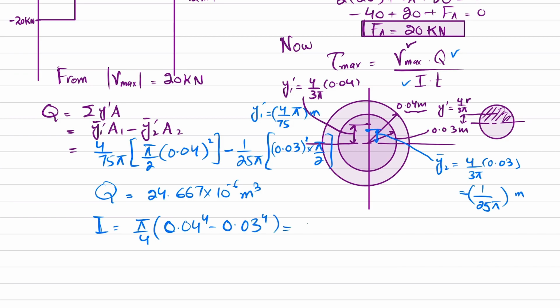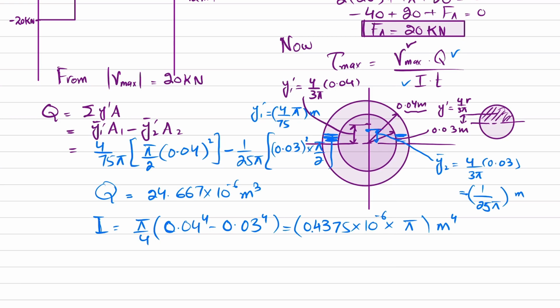When you solve this it will be 0.4375 into 10 to the power minus 6 multiplied by pi, and the unit will be meter to the power 4. Now you have I as well as t. So t will be the thickness over here plus the thickness over here.